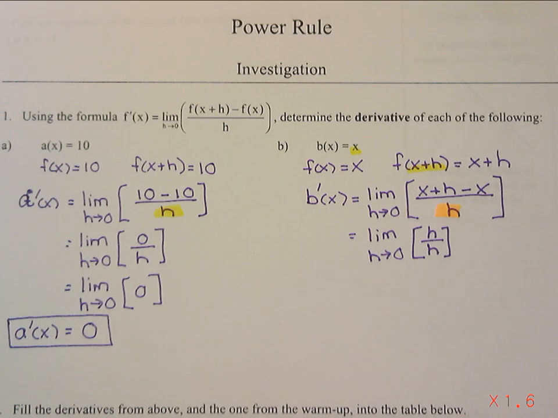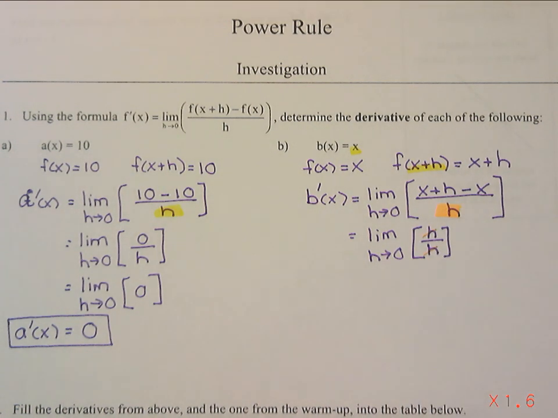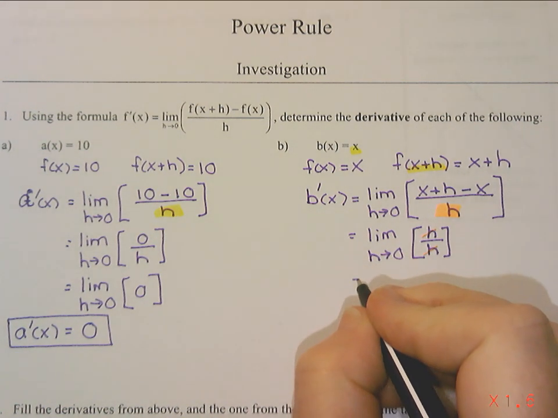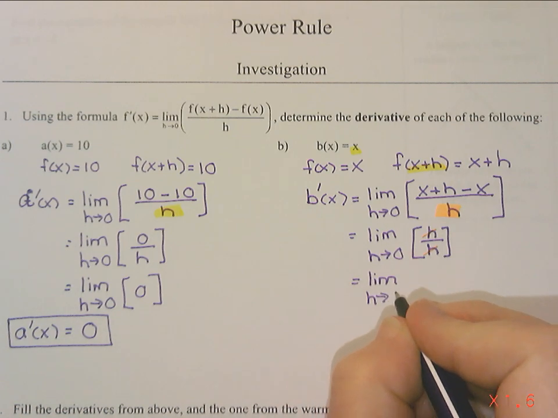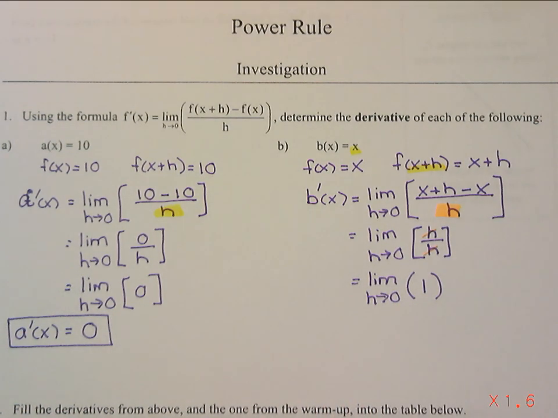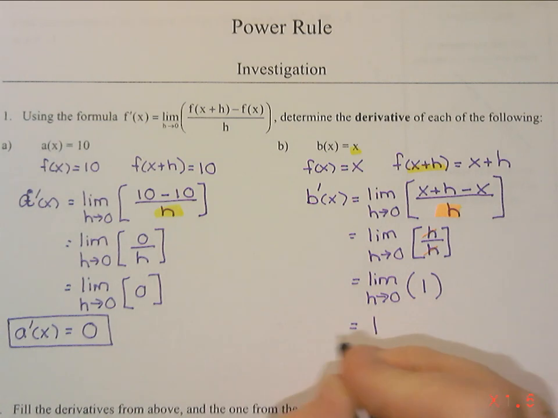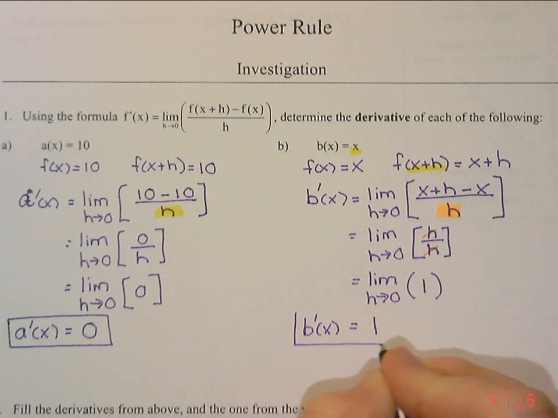So those are going to reduce. We can divide top and bottom by h, and that actually is just going to leave me with 1, right? h divided by h is 1. So I have the limit as h approaches 0 of 1. Now, same issue we had last time. There is no h for me to have approach 0, so this actually just equals 1. So b prime of x equals 1.